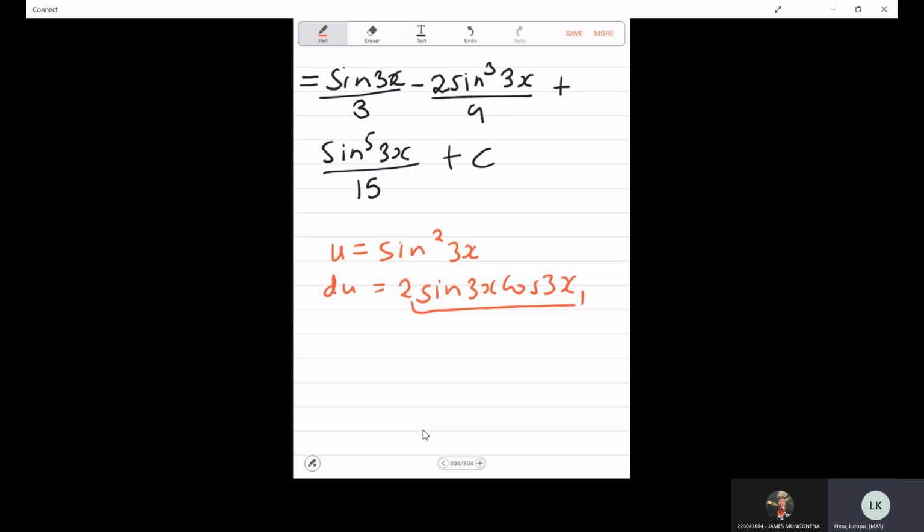Okay, let's move on to the next type of integrals that we look at. These ones involve powers of a product of sine and cos.